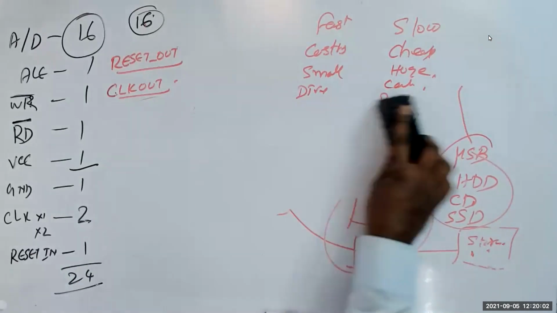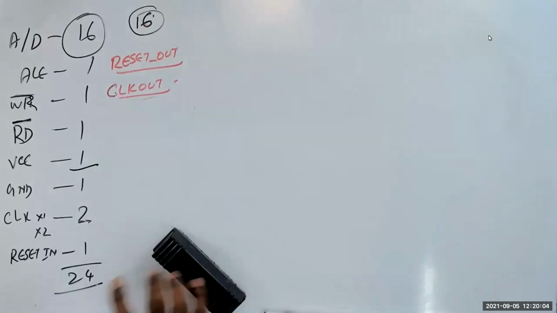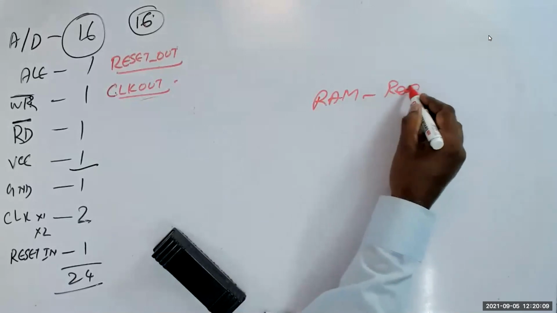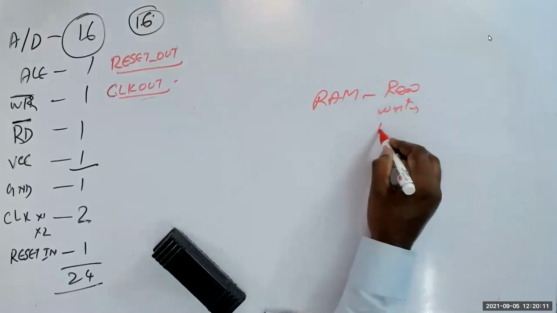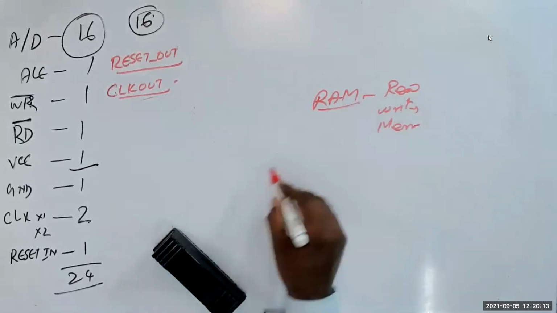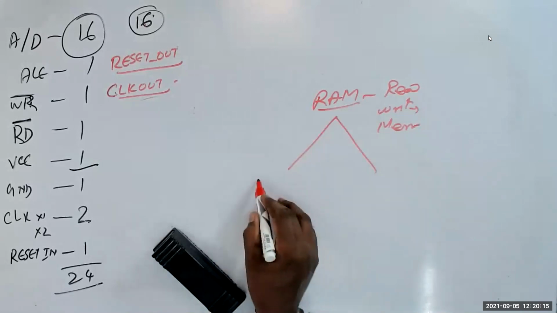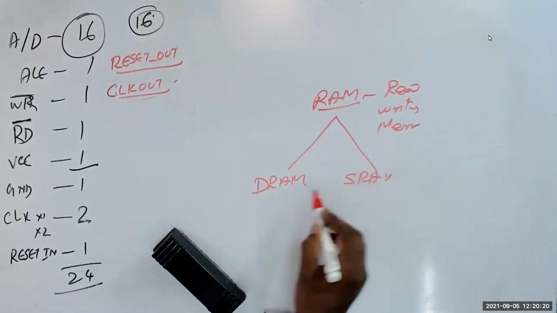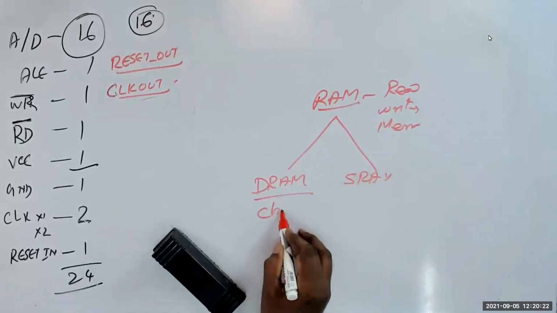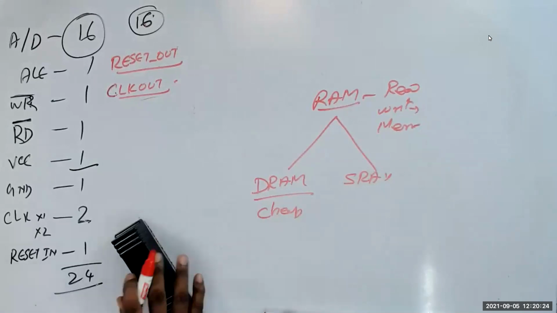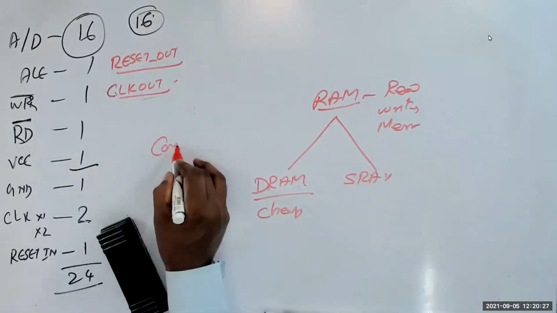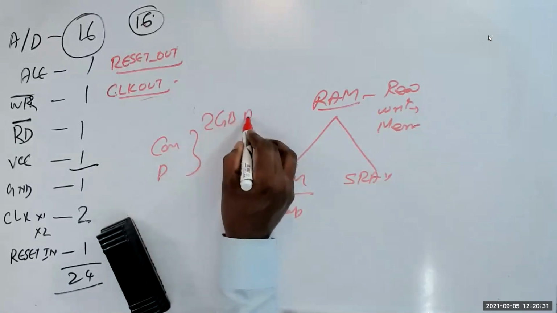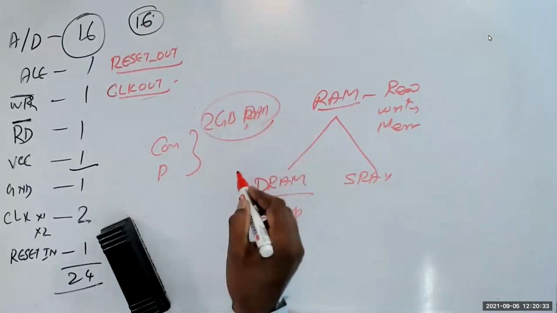Cache is nothing but a RAM. I told you that RAM is a memory, the read-write memory. In the RAM, there are two types: one is called DRAM and the other SRAM. The DRAM is cheap. That's why for all your computers and mobile phones, when you say I have a 2 GB RAM, that RAM is this DRAM.